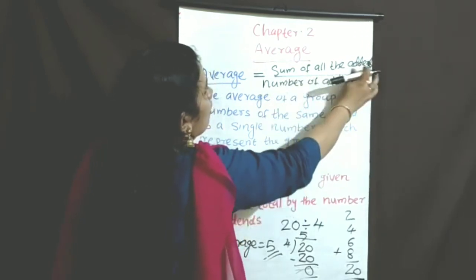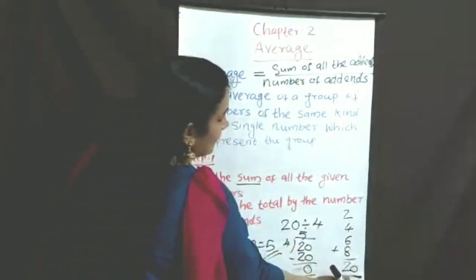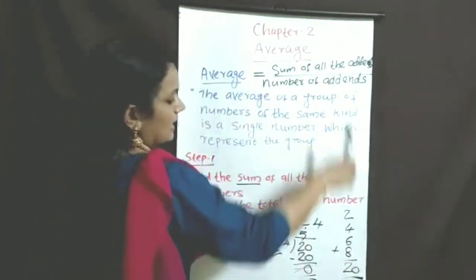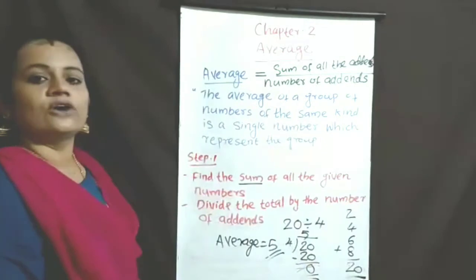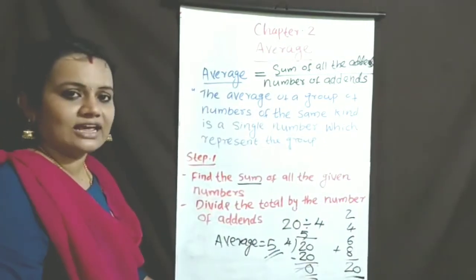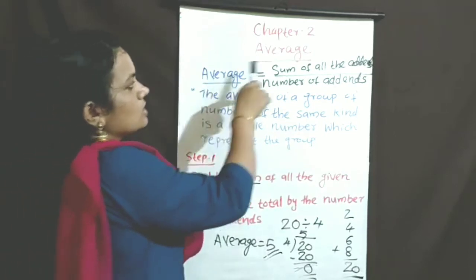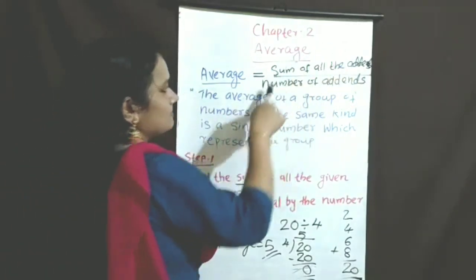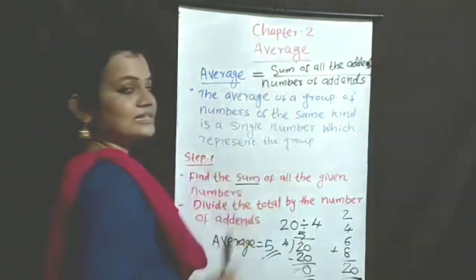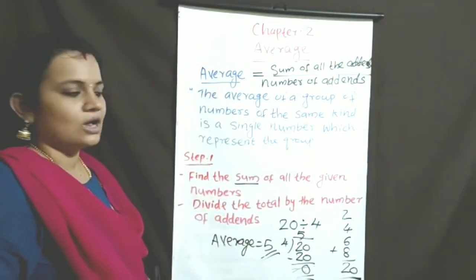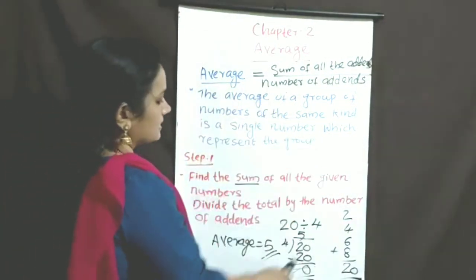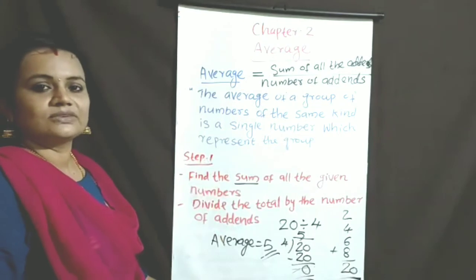Understand? Sum of all the addends is 20. Number of addends is 4. So we conclude how to find the average. We are forming one equation: average equals the sum of all the addends by the number of addends. Understood? This way you can calculate the average.